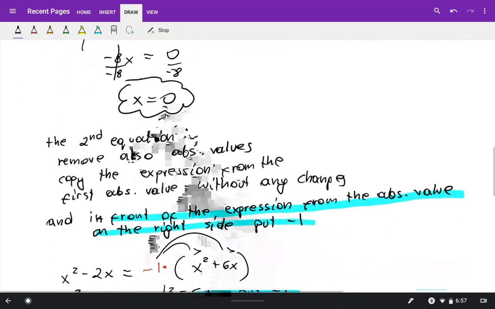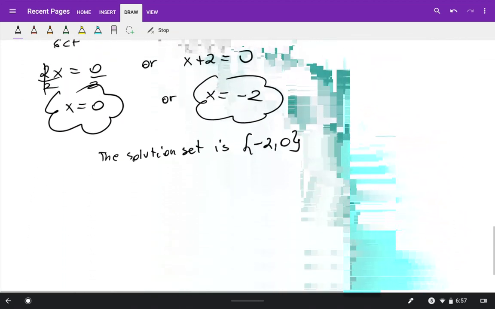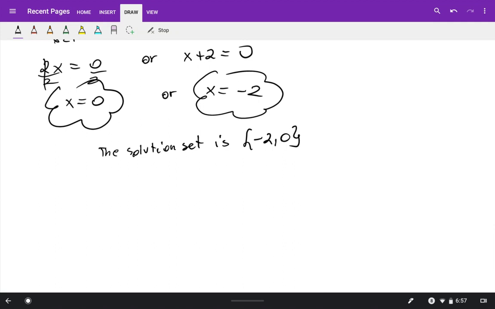So next, what we're going to do, next we're going to solve inequalities.